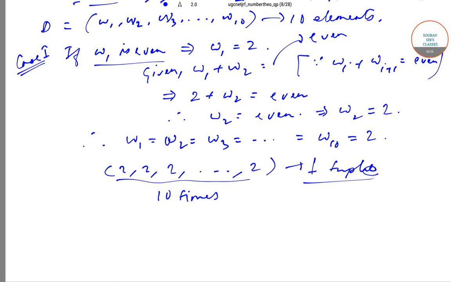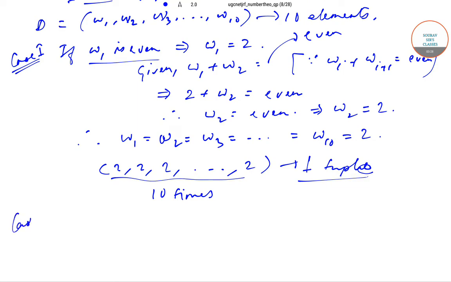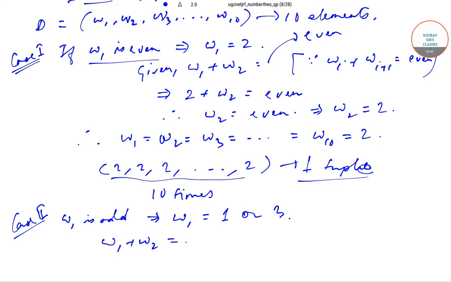Now for case 2, we'll assume that W1 is odd. If W1 is odd, that implies that W1 can either be 1 or 3. Now we have been given that W1 plus W2 is even.